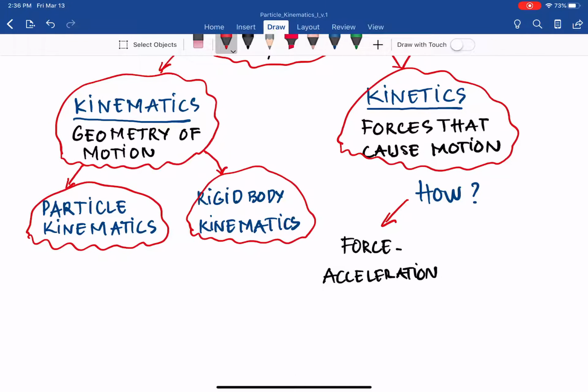The second method that we are going to cover in kinetics is work and energy, the relationship between work and energy. And the last one will be impulse and momentum.